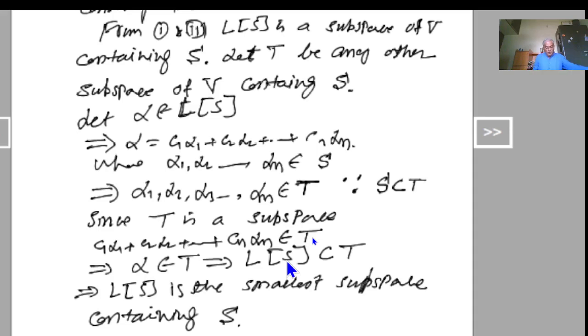Next we go for one more result, one more theorem. Let's go to the next page.